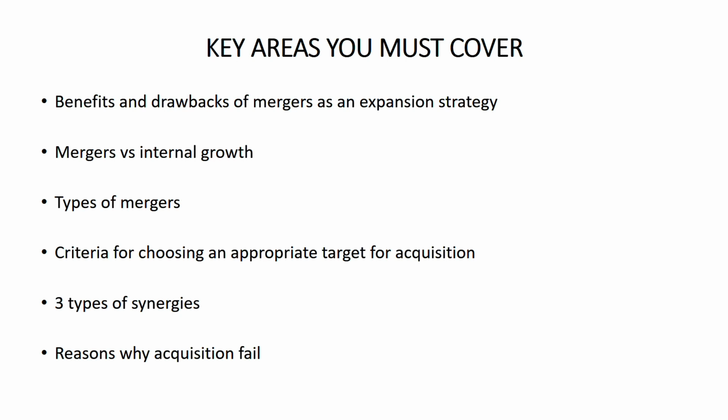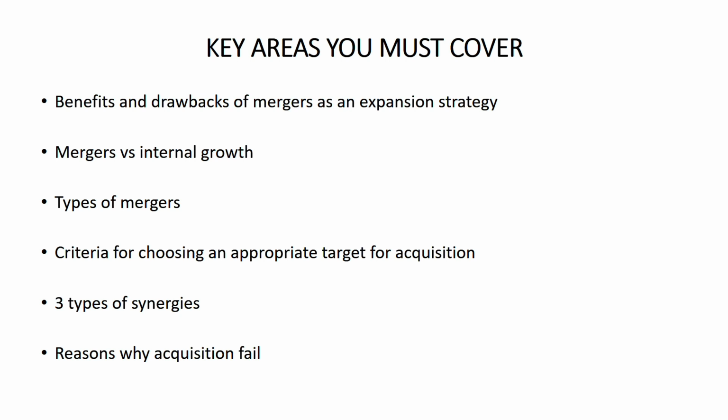Then comes market irrationality, preemptive theory, right? Poor integration management, there could be integration problems. Maybe they're inflexible, or the management of the two companies, their culture might be different, or they're inflexible to work together.